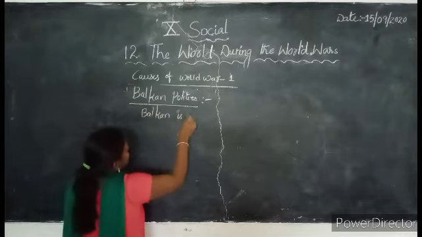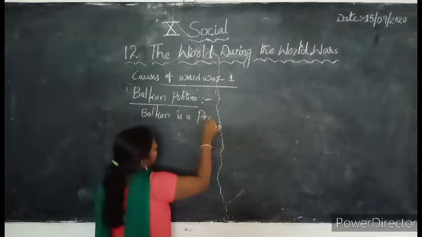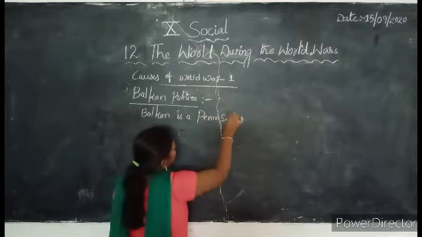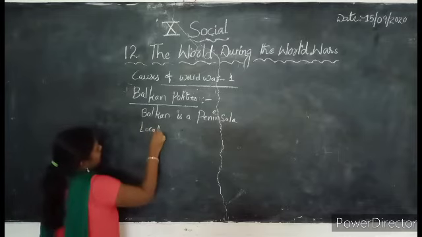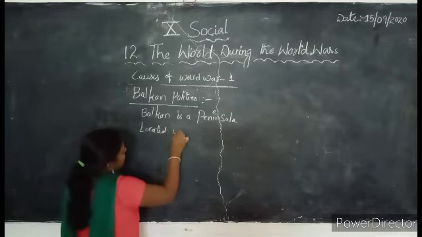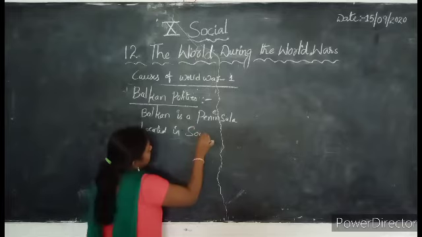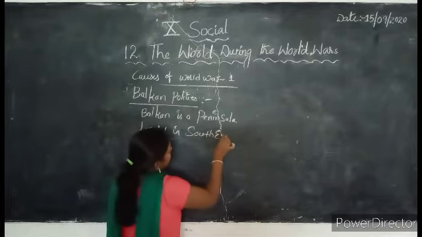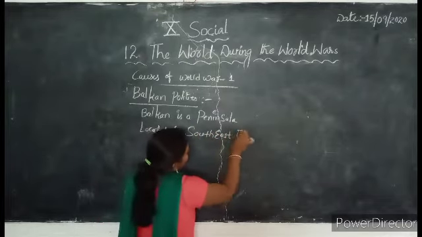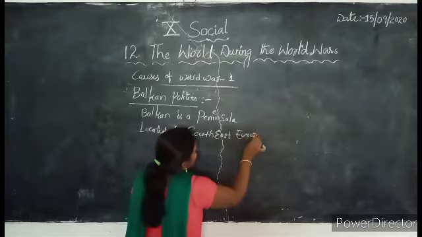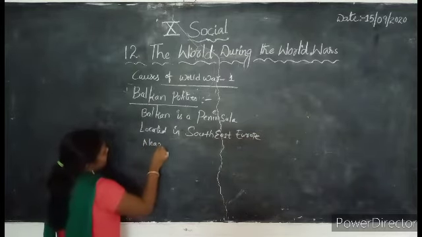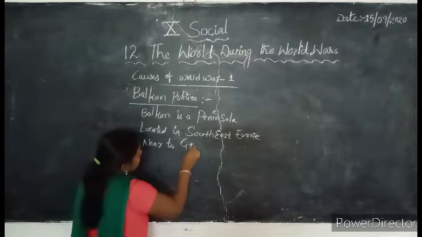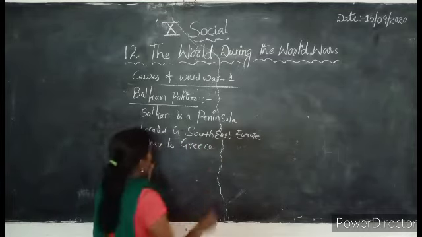Balkan is a peninsula located in Southeast Europe, near Greece.